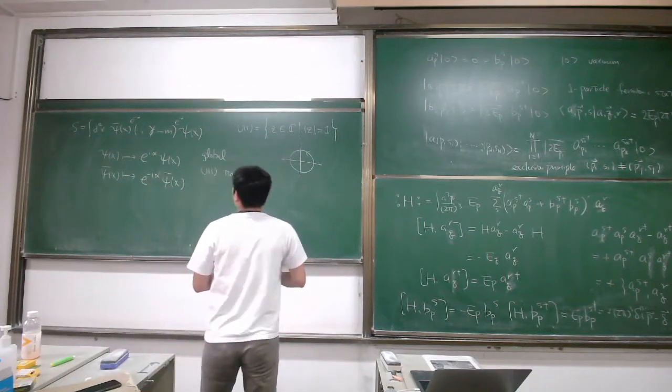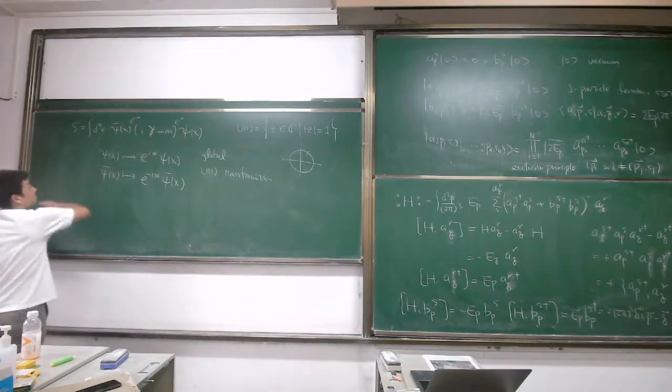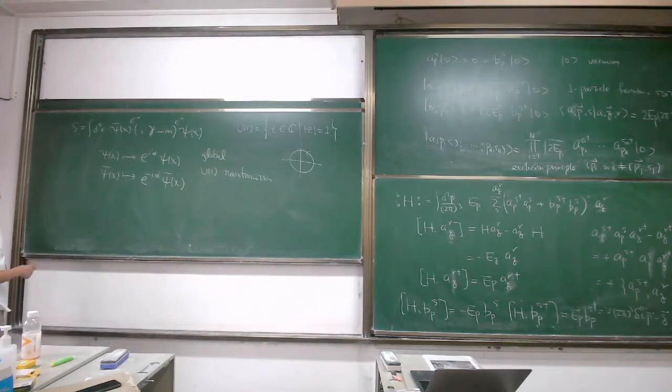So let's do the transformation. Let's see. How should I find this current? Sorry, I should be able to do that.